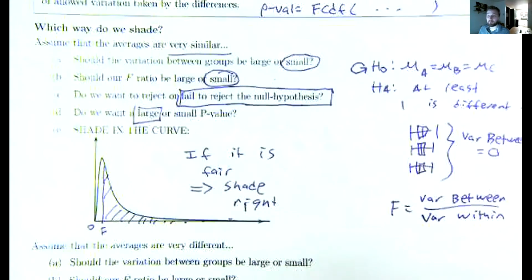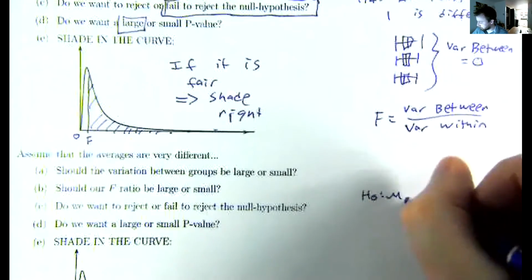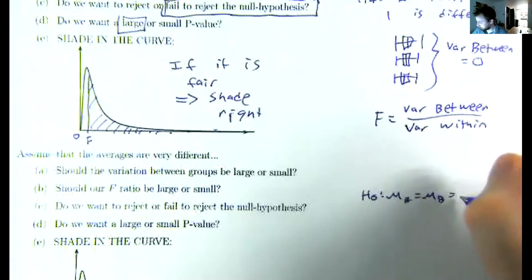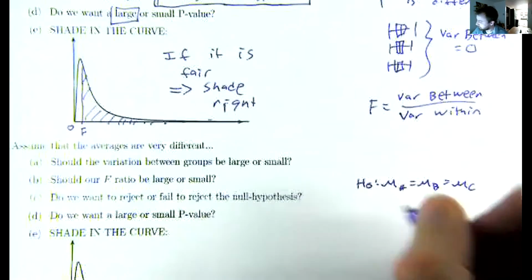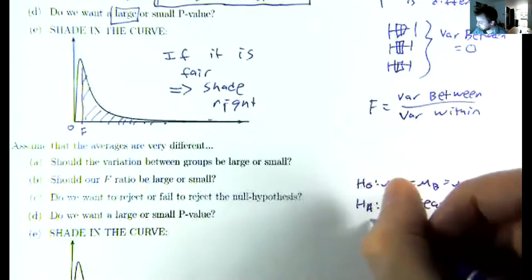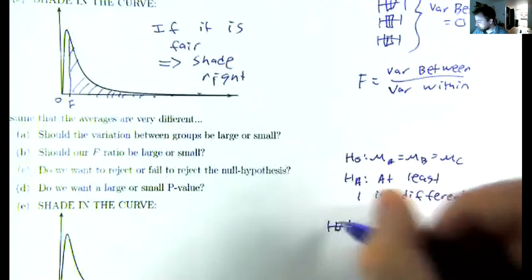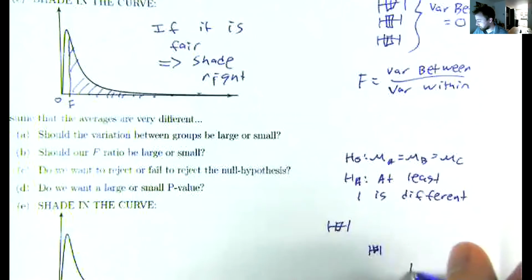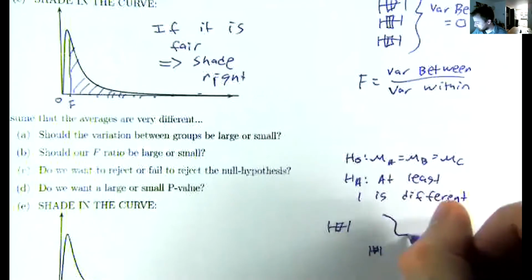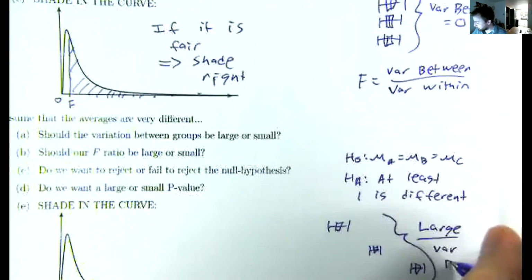Let's look at the situation where this is unfair. So I'm assuming now that I have groups that are really spread apart. So when I'm comparing these things, I have a really large variation between my groups.